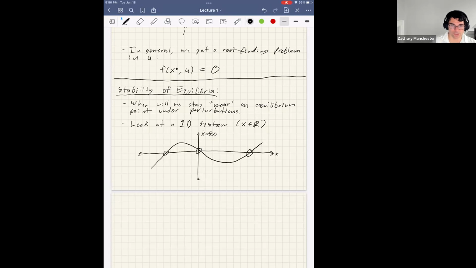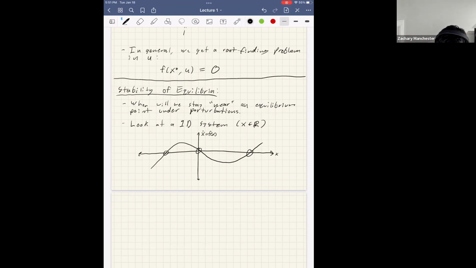Next, let's look at the one at the origin. Keep in mind that x dot is the vertical axis. If I get pushed a little tiny bit to the right in this picture, x dot is negative, so I'm going to drift back towards the equilibrium point.